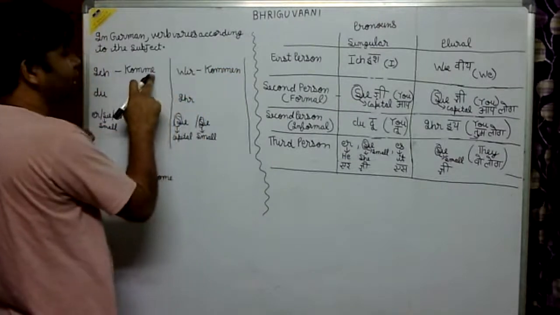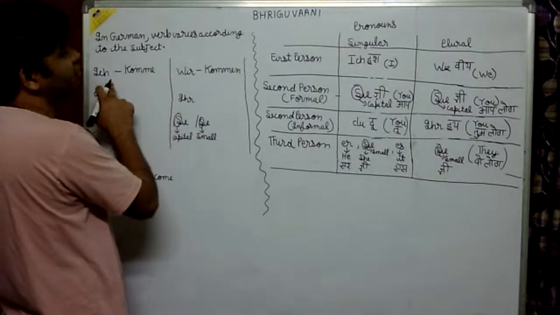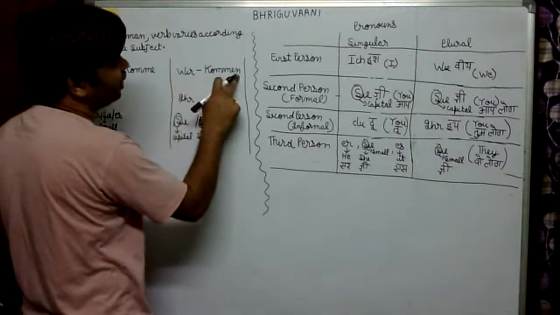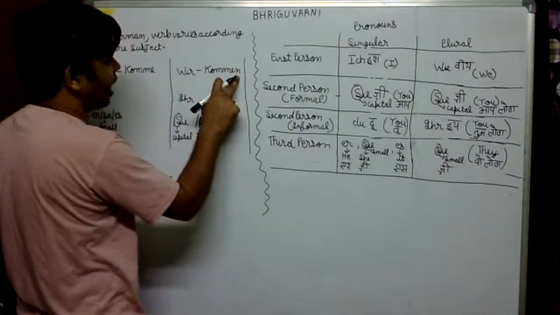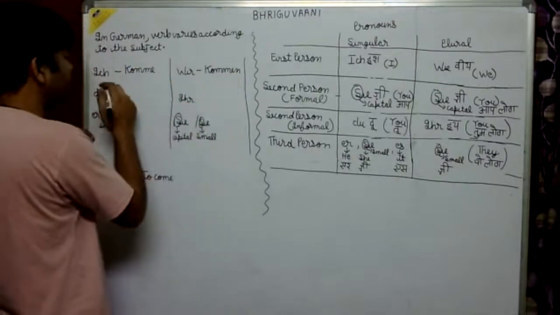We have only put e here in the case of ich, and in case of wir, we have put en at the last.